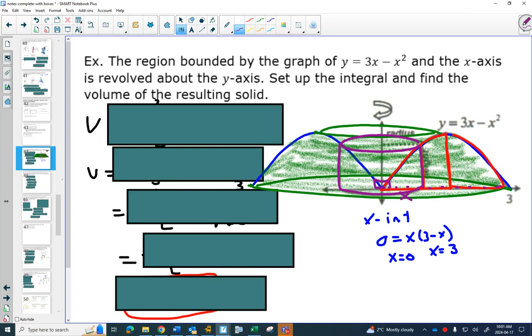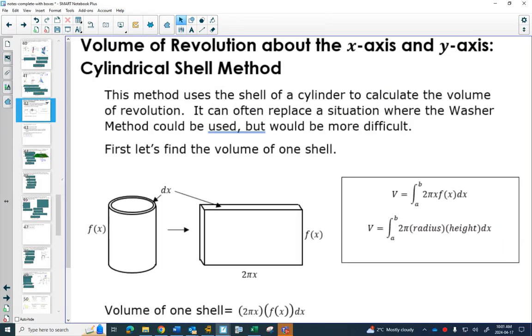The x-coordinate becomes your radius. The height of your cylinder is following your function, so your height is your y value of your function. That's why it's f of x. If we add up all of these cylinders by doing the integral from a to b, we will get the volume of all of those shells put together, which gives us the volume of the shape.